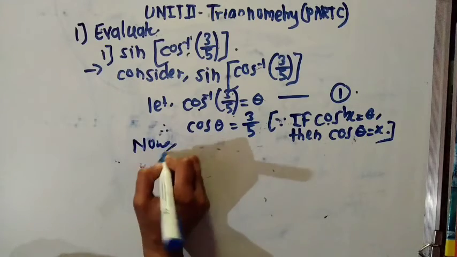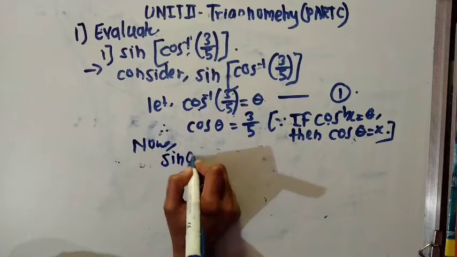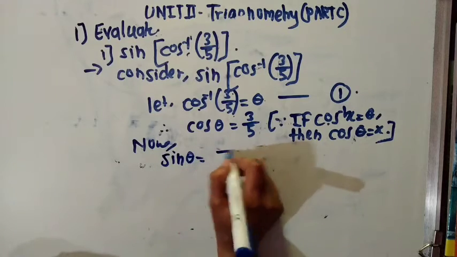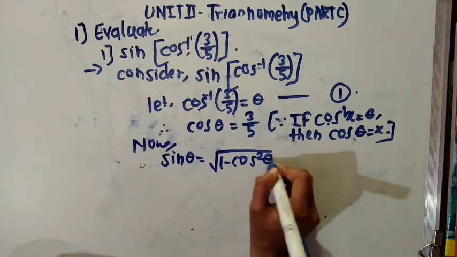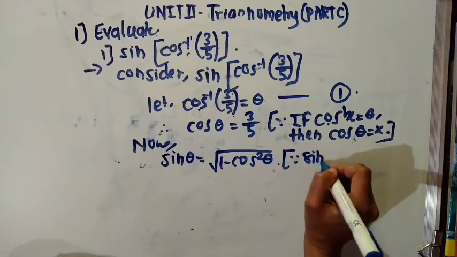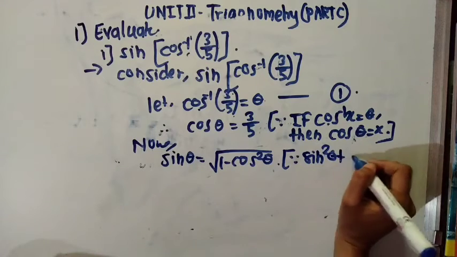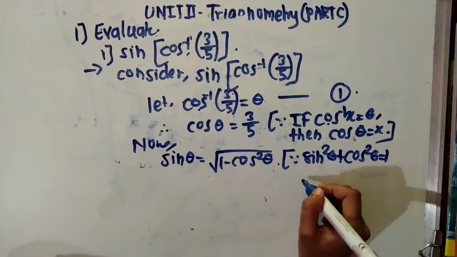Now, sin theta is equal to root of 1 minus cos square theta, since sin square theta plus cos square theta is equal to 1.